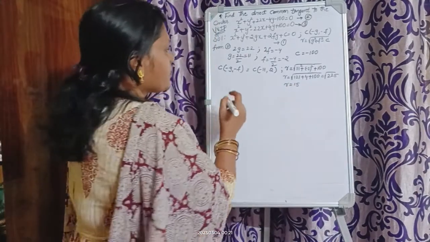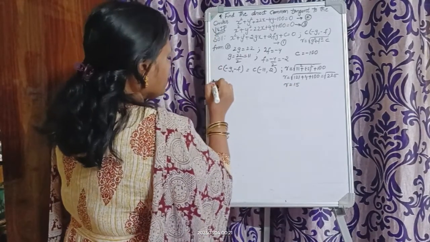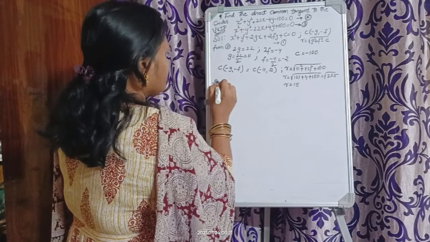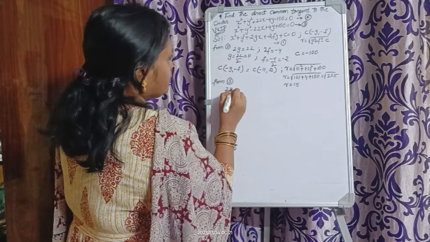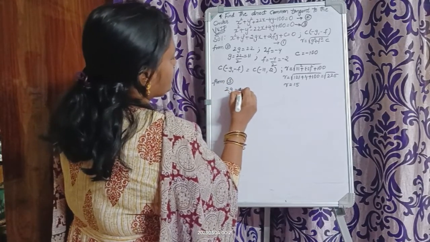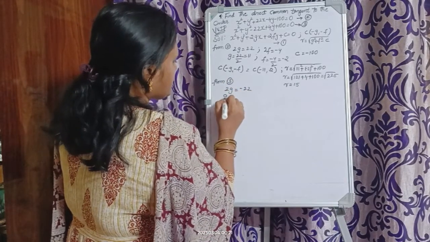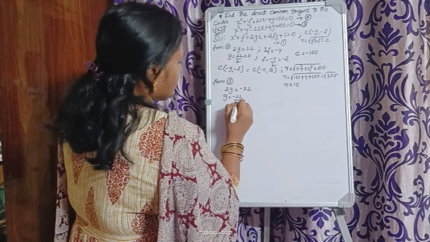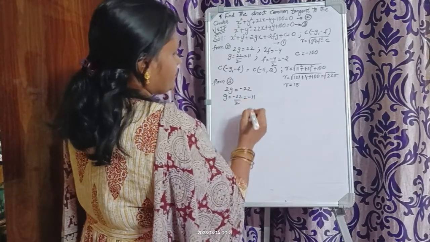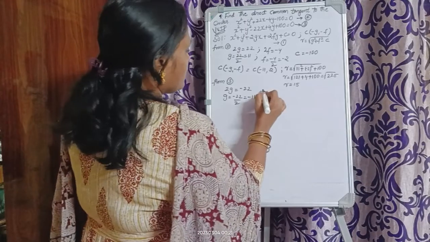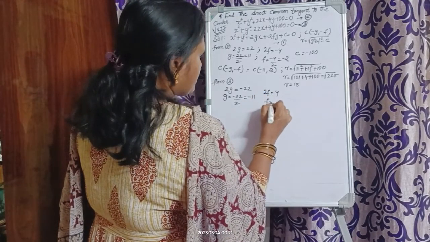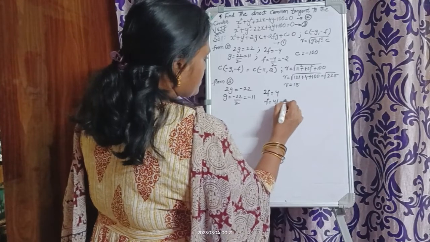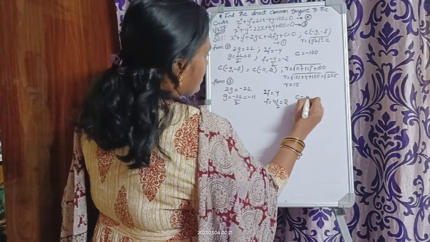Again, similarly from equation 3 we get 2g is equal to minus 22, or g is equal to minus 22 by 2, which is minus 11. And 2f is equal to 4, or f is equal to 4 by 2, which is 2, and c is 100.